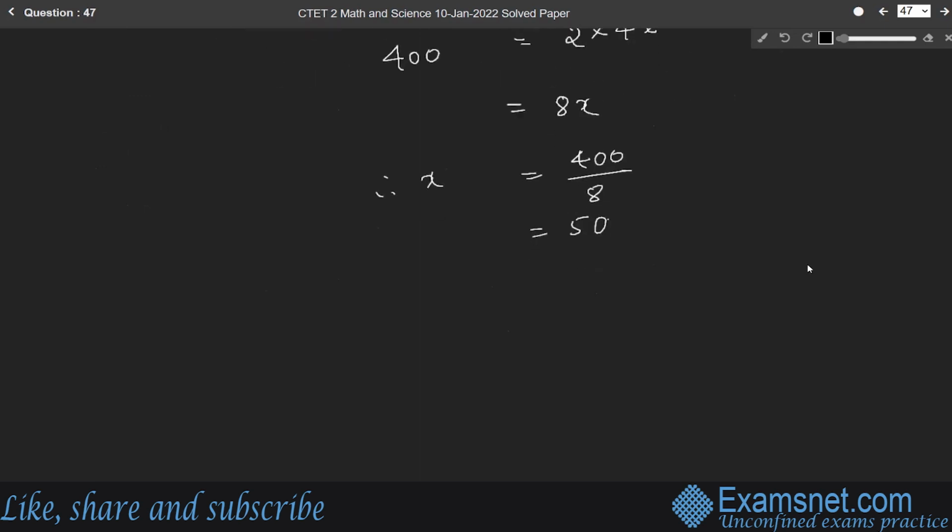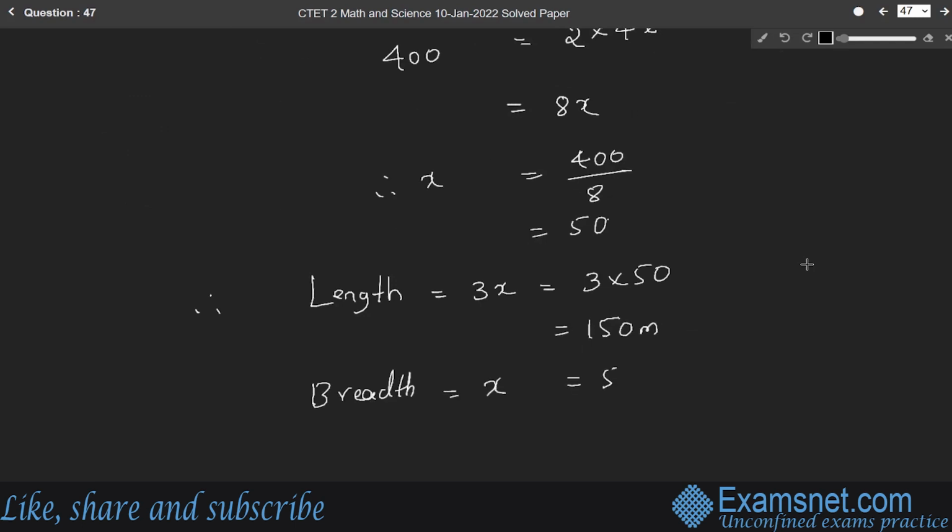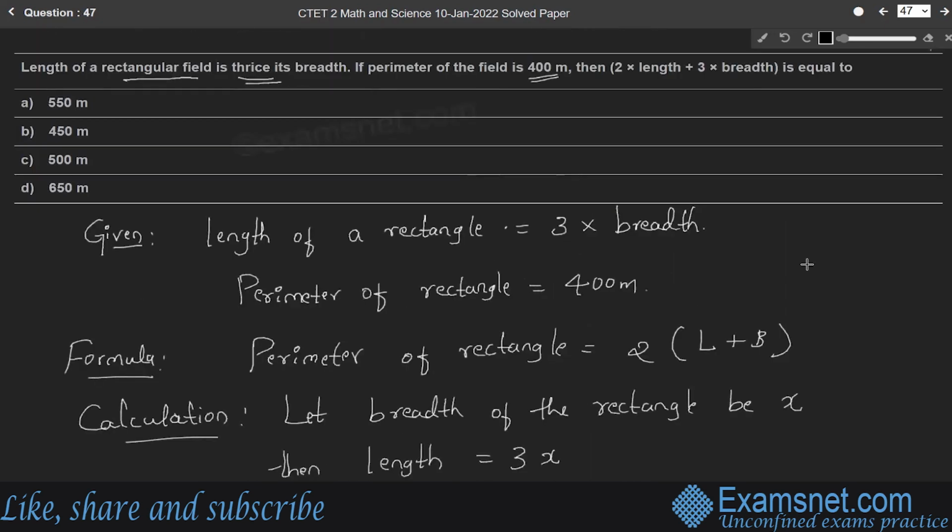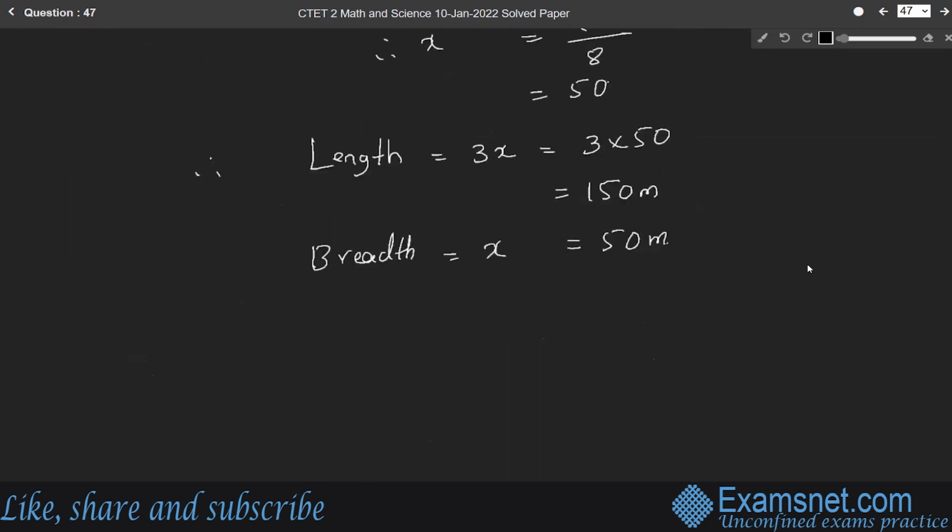Therefore, length is equal to 3x is equal to 3 into 50. So 150 meter, and breadth is x, which is equal to 50 meter. So according to the question, 2 times length plus 3 times breadth.